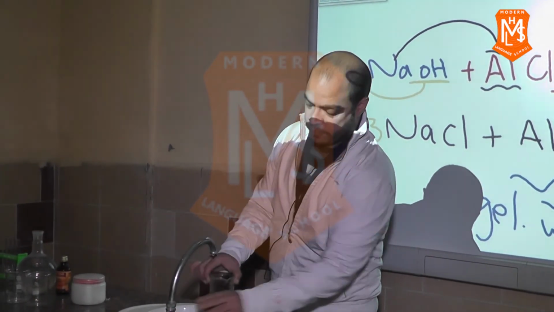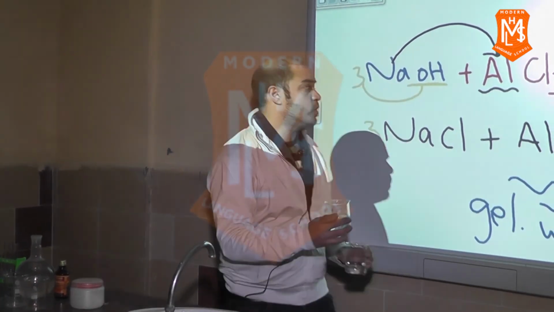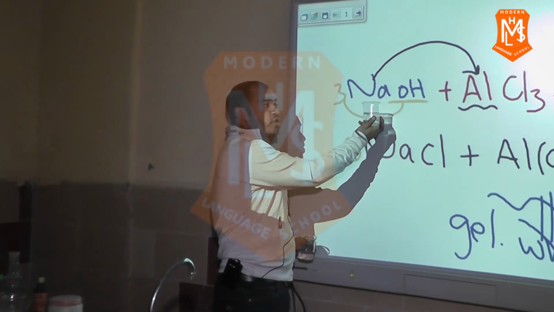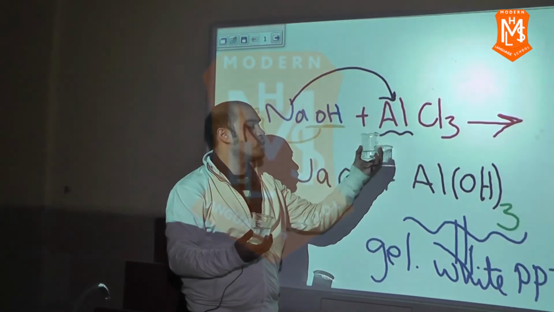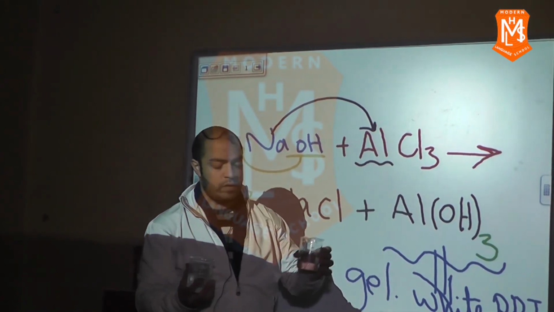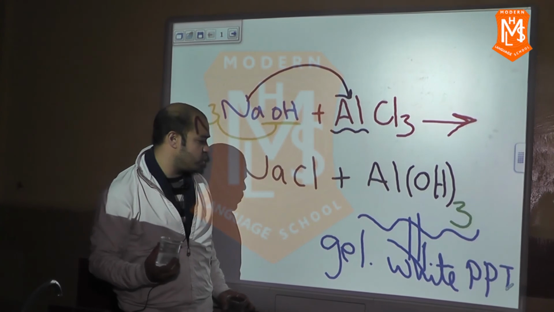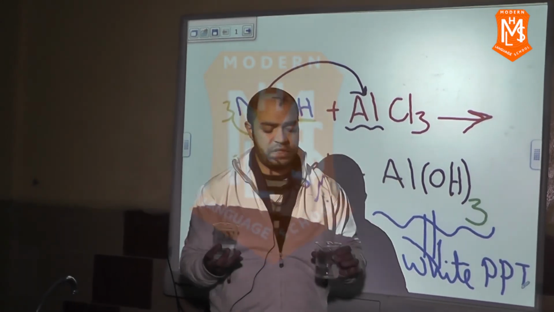Now, by adding a strong base NaOH to the salt solution which contains aluminium III, we will observe precipitation of a gelatinous white precipitate.